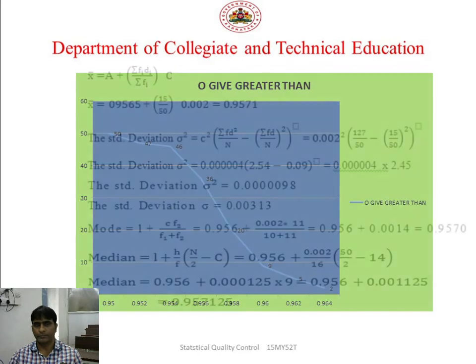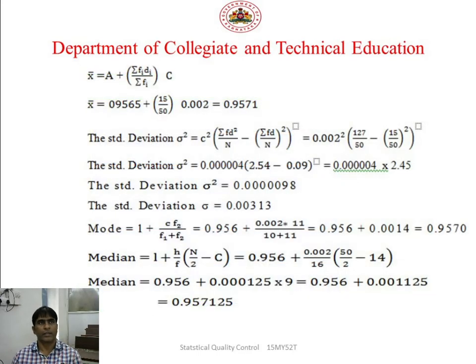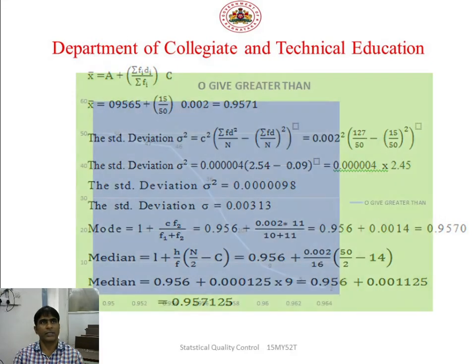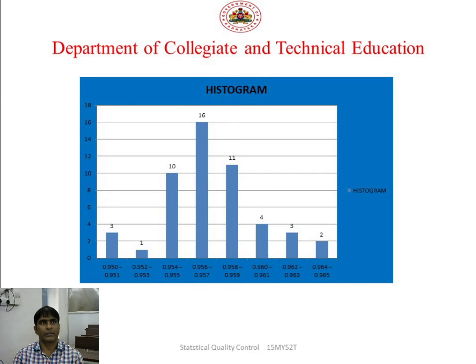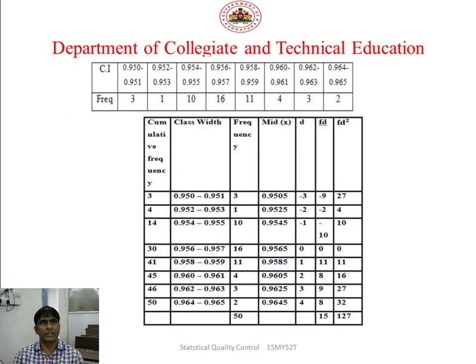Next, moving on. Here are the calculations. Mean X bar is equal to A plus summation FiDi divided by summation F into C. If you want, you can see the previous data. Summation FiDi is 15, summation FD square is 127, and N is 50.